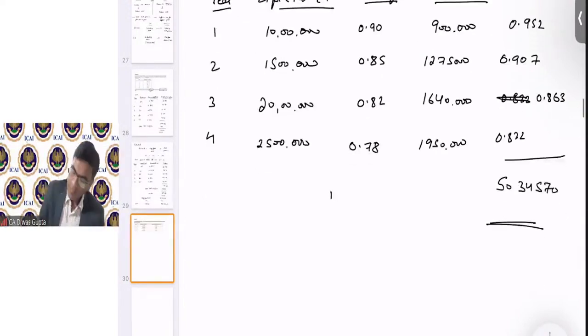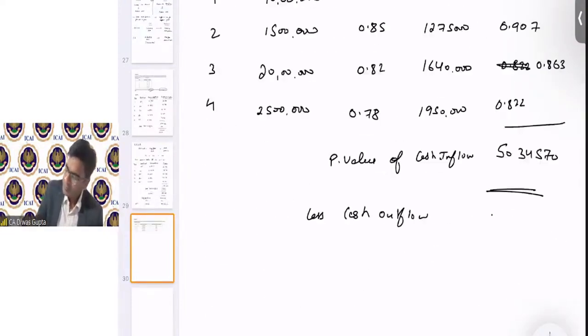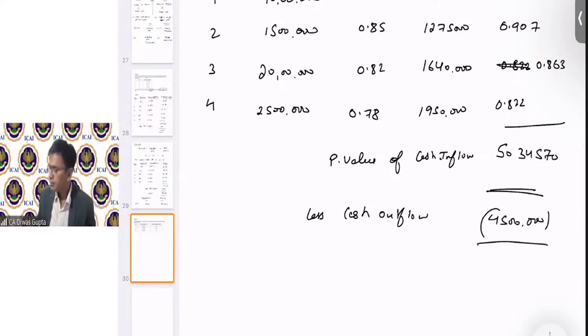This is the present value of cash inflows less cash outflow. What is the cash outflow? 45 lakhs. This comes as 5,34,570.